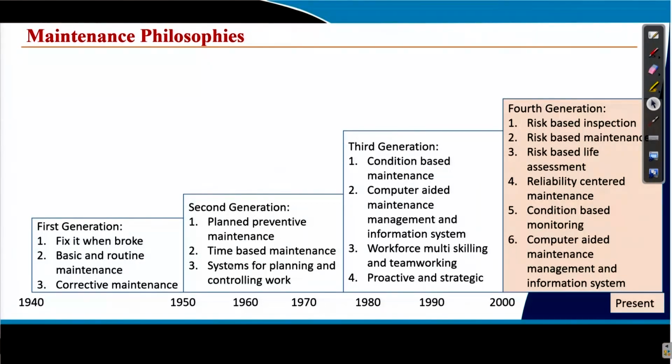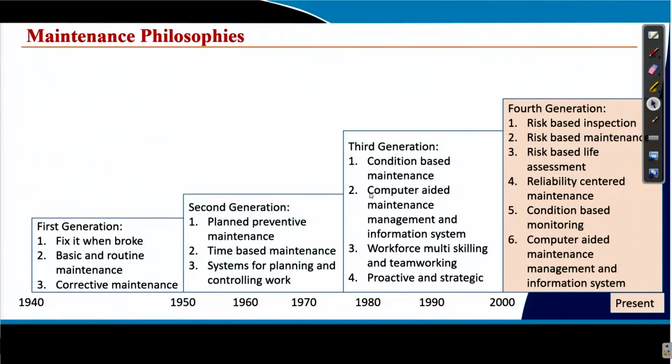Preventive maintenance means you don't want the failure to happen, so you follow a certain plan. Time-based maintenance means you find out the interval of maintenance, and systems for planning and controlling work are also work related.